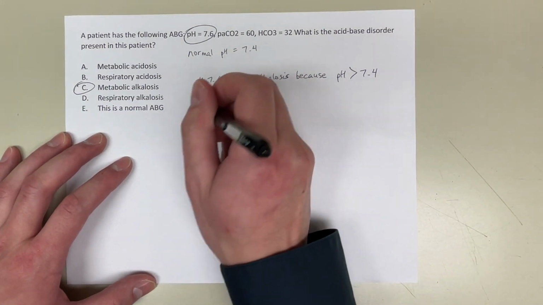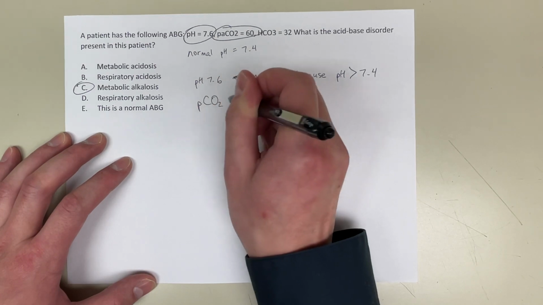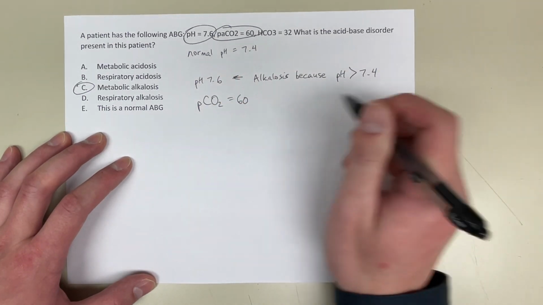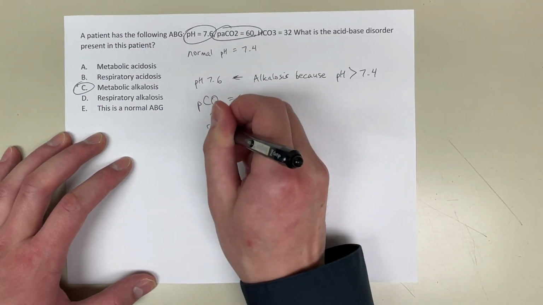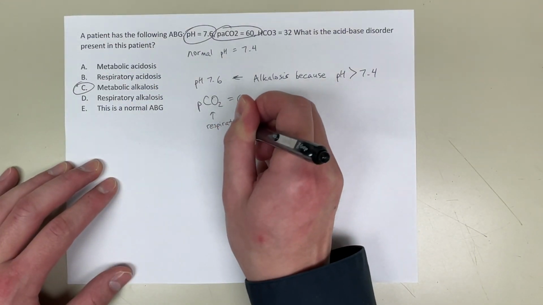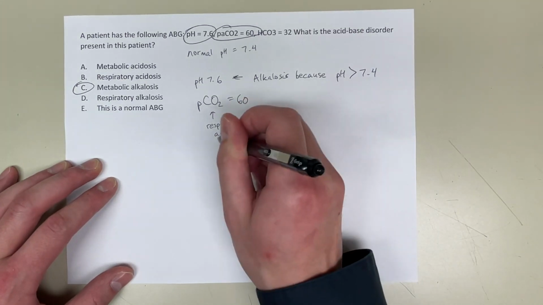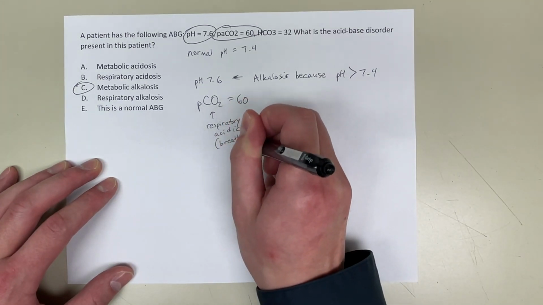So next I'm going to look at the carbon dioxide. That equals 60. And so whenever I see carbon dioxide, I think of it as respiratory because you breathe out carbon dioxide. So I consider it respiratory acid because you breathe out acid.